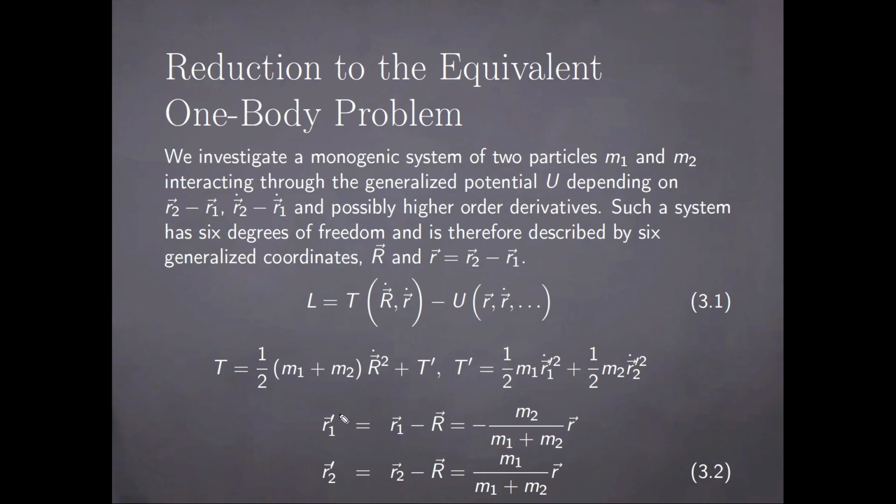So these two vectors relative to the center of mass are just given by the difference between the radius vectors of the two particles relative to the laboratory frame and the coordinates of the center of mass, and it follows immediately that they are, up to a constant, equal to the relative radius vector.